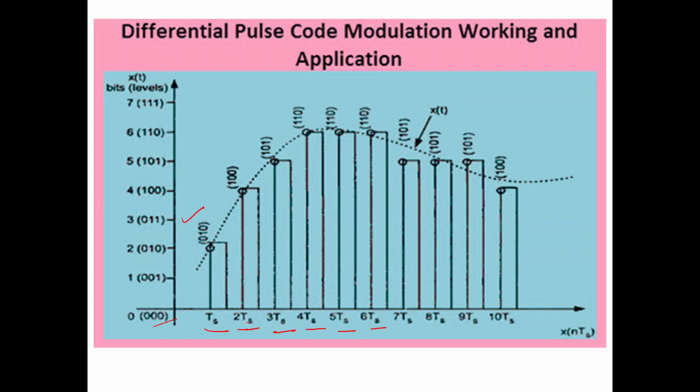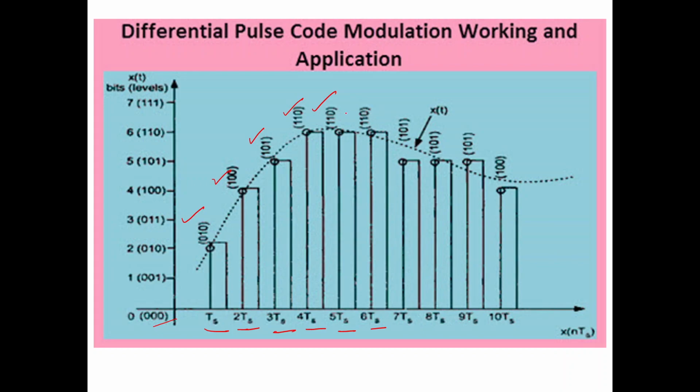The sample at 2Ts has been encoded as 100, at 3Ts as 101, at 4Ts as 110, and at 5Ts it is the same 110.